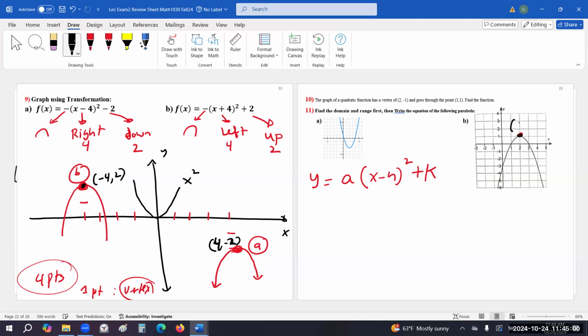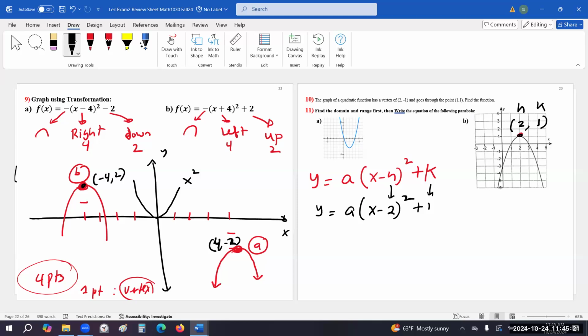What is this point? 2, 1. So this is H, this is K. So our H is 2, K is 1. So we have Y equals X minus 2 squared plus 1.